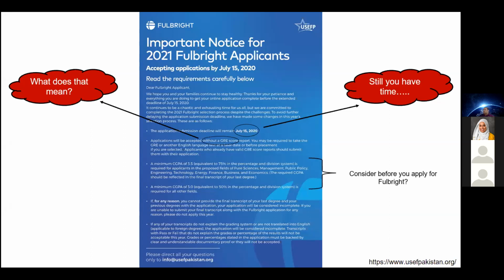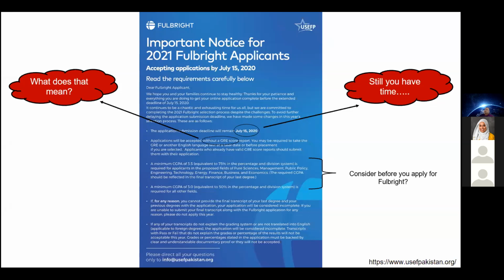And the second point that I would like to highlight is CGPA requirements. There are two main ones: a 3.5 CGPA requirement and a 3 CGPA requirement. So what does it mean, and do we consider it for applying to Fulbright? My answer would be yes.